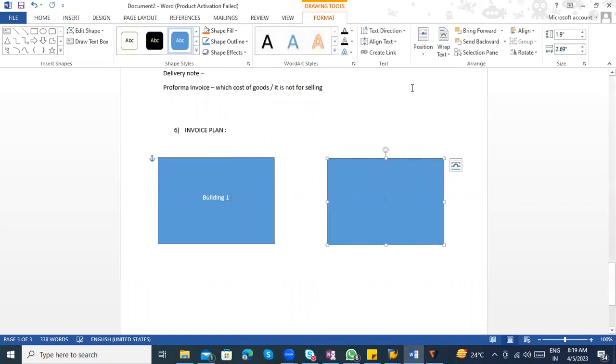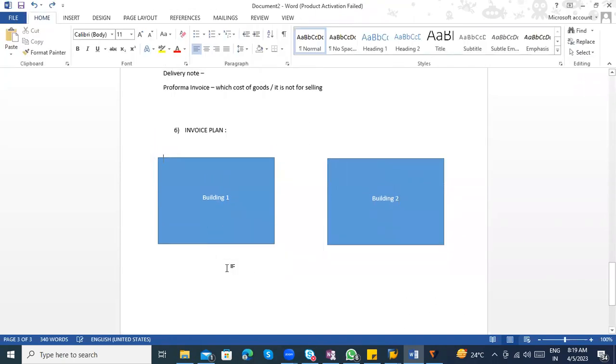Both I have taken for rental, which means I'm paying an amount every month to the building owner.